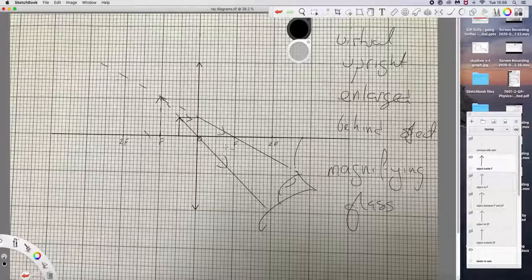They're all drawn using 2 of the 3 special rays we talked about, and there's only one of these ray diagrams that gives you an upright virtual image. That's a magnifying glass. All the others are inverted and they are real. So that's your convex lens. Let's then look at a concave lens.